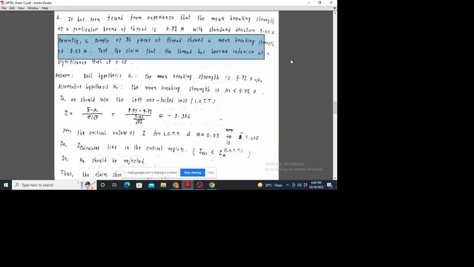Of course you may think that the quality of thread has degraded, right? Earlier it seemed like 9.72, but you have drawn 36 threads and you found that to be 8.93. Now you are claiming that the thread has become inferior.